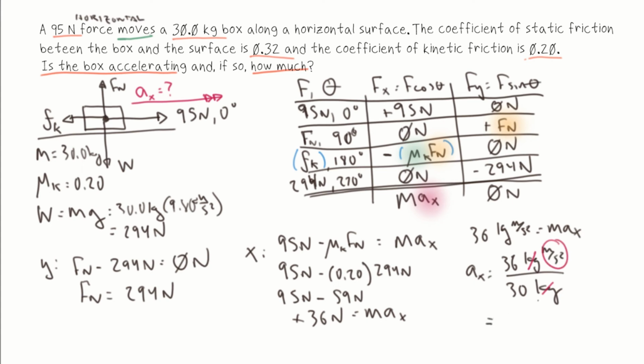And when you finish with the math, you end up with positive 1.2 meters per second squared. And again, traditionally, you don't have to write the plus, but writing the plus helps you remember to write the negative too when it's time. And there we go. So is the box accelerating? Yes. How much? At 1.2 meters per second squared.